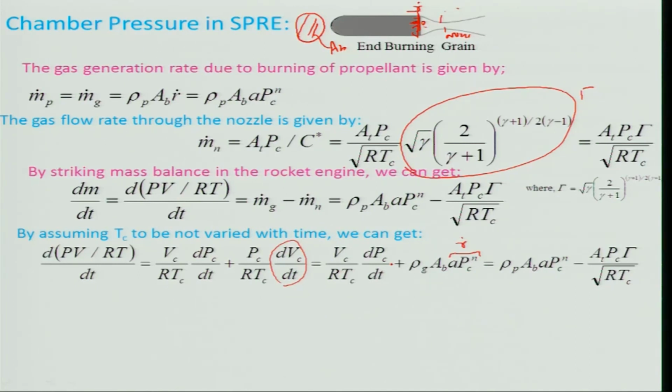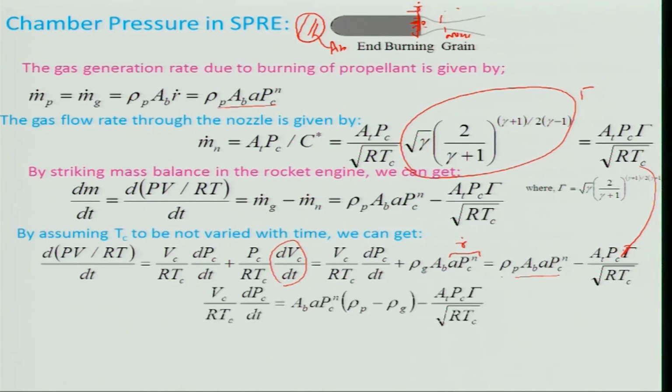So, this is the change in volume with respect to time, right. And of course, for m dot g we have already derived it here, and this is for the nozzle. So, you will get this expression.